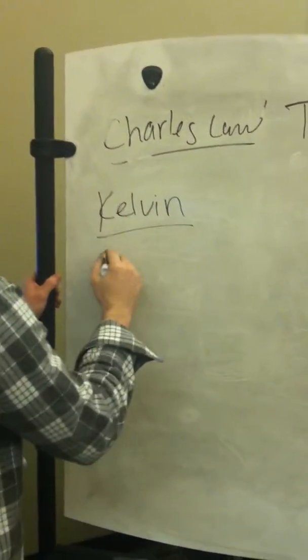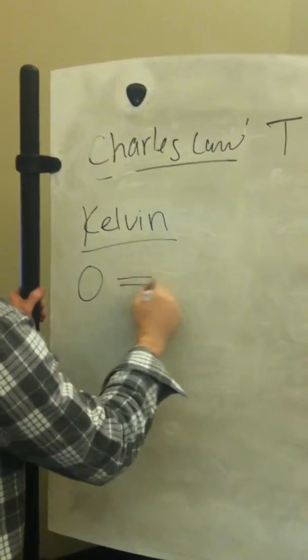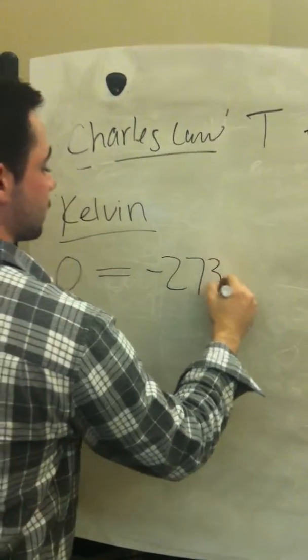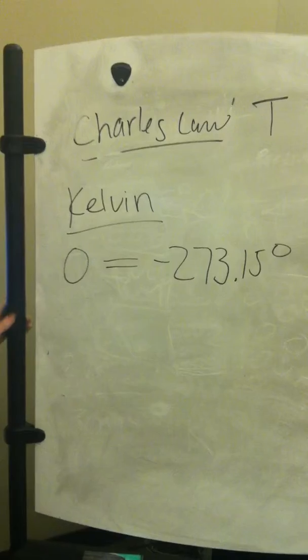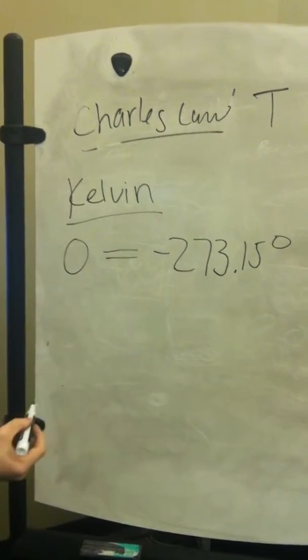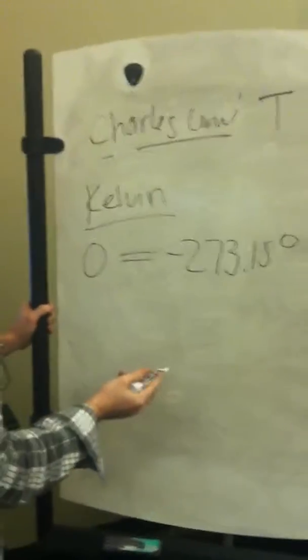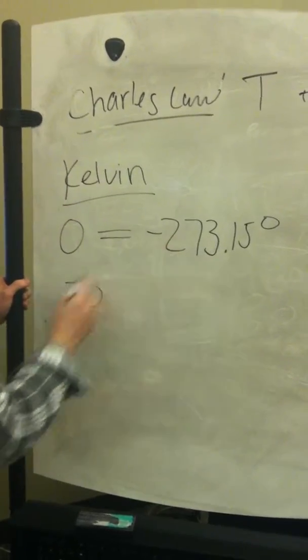Kelvin starts at absolute zero. And absolute zero in Kelvin is equal to negative 273.15 degrees Celsius. This prevents us from having any negative temperatures. So if you want to convert a degree Celsius to a degree in Kelvin, all you do, here's an example, is add this to the given temperature.